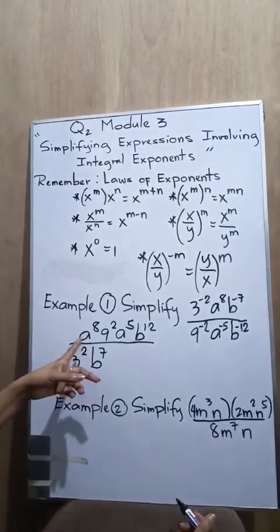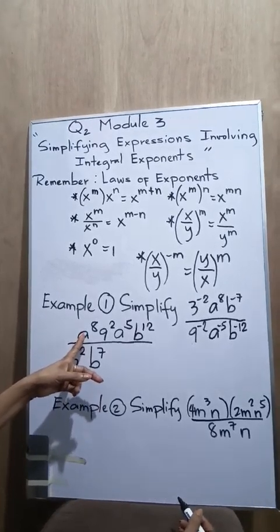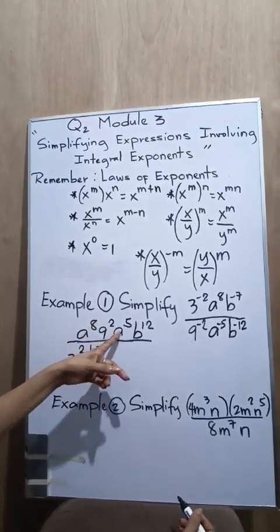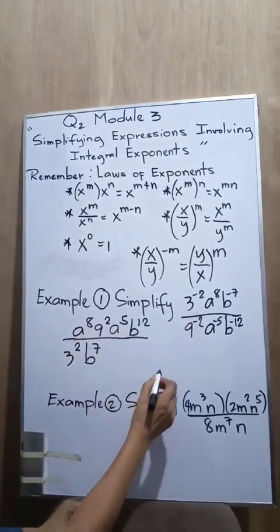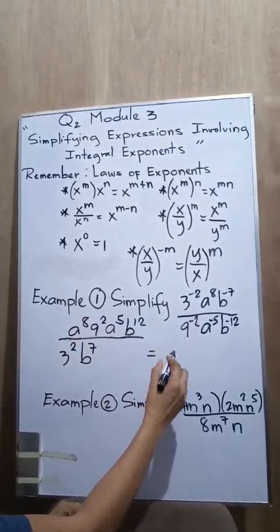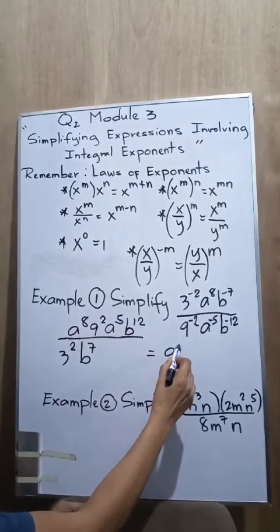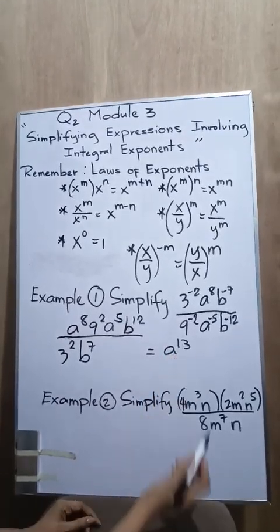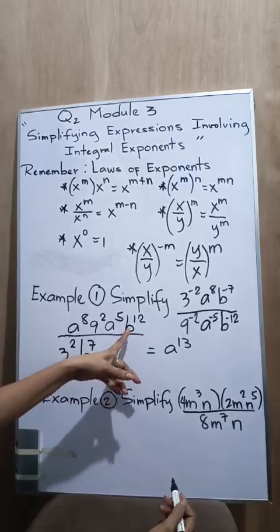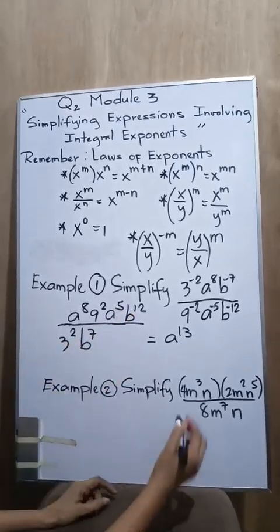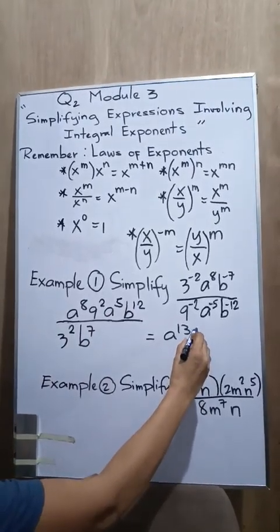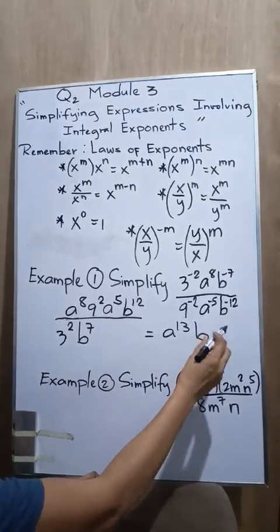We just manipulate the power of a, that is 8 plus 5. Same base, you just add the exponent. That will become a to the 13. And b, that will be 12 minus 7. That is b to the 5.